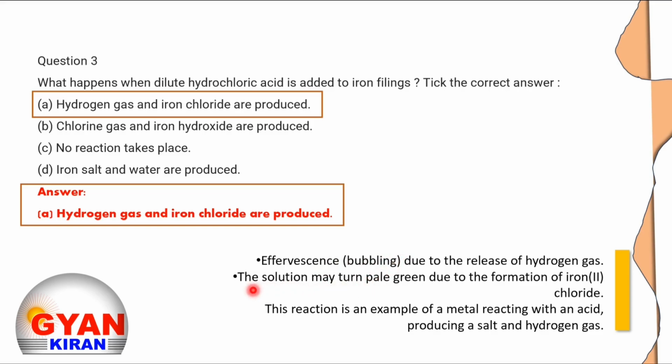Another change in this reaction is the solution may turn pale green due to the formation of iron chloride. And this reaction is an example of a metal reacting with an acid. So this is an example of a reaction between metal and acid, and hence the salt and hydrogen gas are produced. Dear student, let us consider the next question.